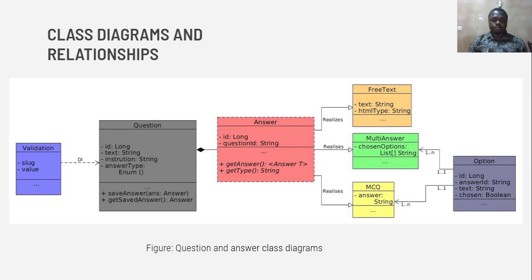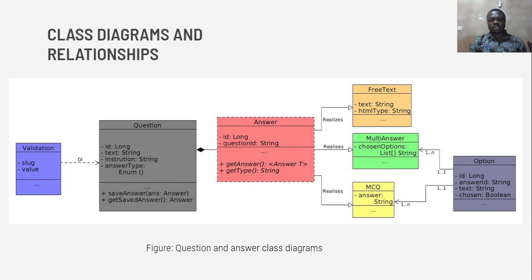Moving from that, these are the possible class diagrams, and I made abstraction of the normal getters and setters. What interests us here, for instance, in answer is get answer, which takes in an answer that's either MCQ, multi answer, or free text.